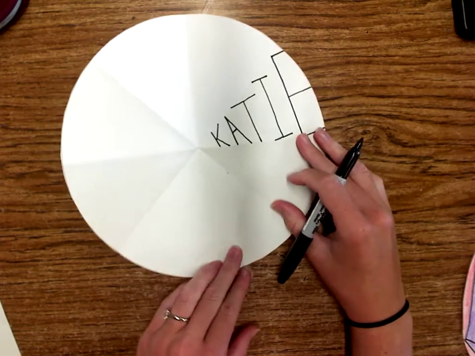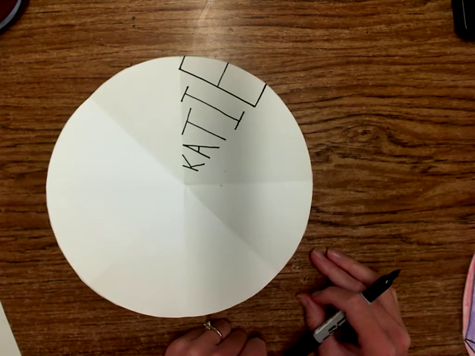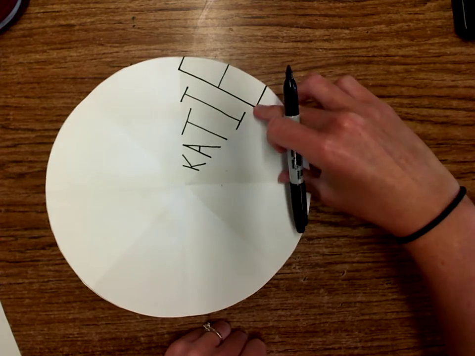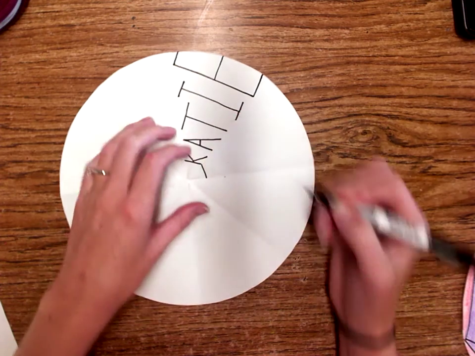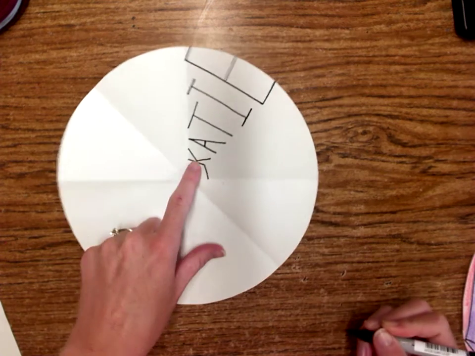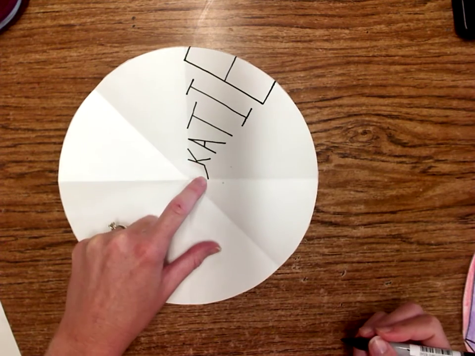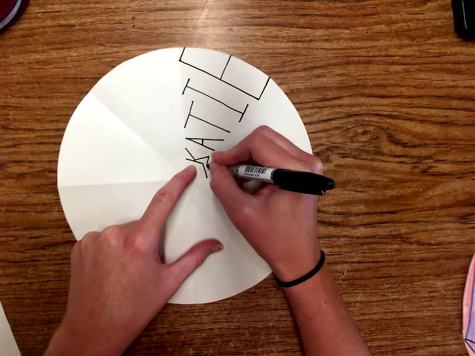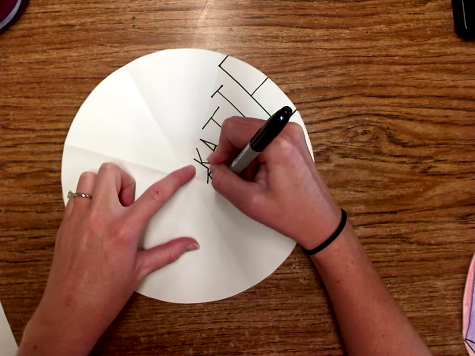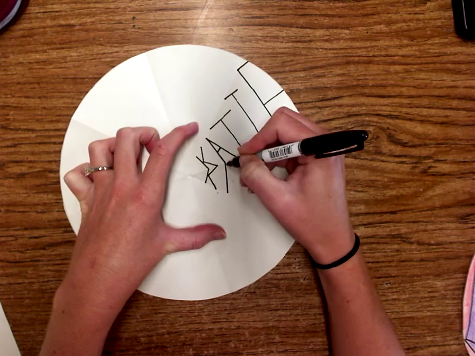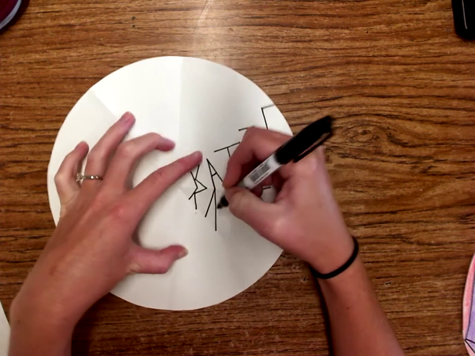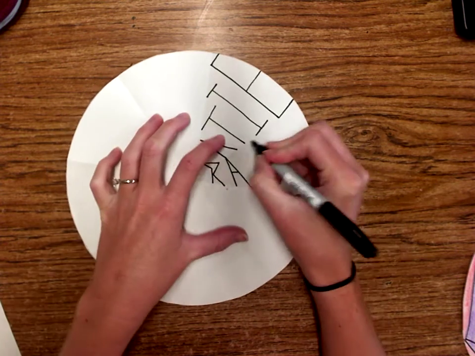Now I'm going to move on to the next triangle, and I'm going to do the exact same thing. Notice how my K's, when I go all the way from one edge to the other, start to touch. And look at that, they even touched there as well. With my A, I'm going to choose one spot and bring that down.